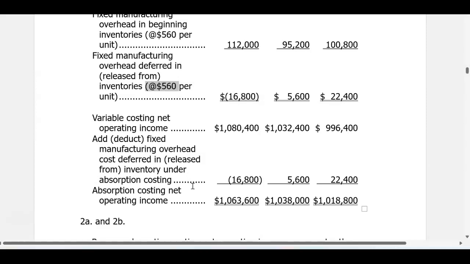But under absorption costing, because you already absorbed the fixed expense from the previous period in the inventory, your inventory total cost per unit is high. All of a sudden you are selling those, then you are spending all those fixed expenses, therefore your net income will be lower.